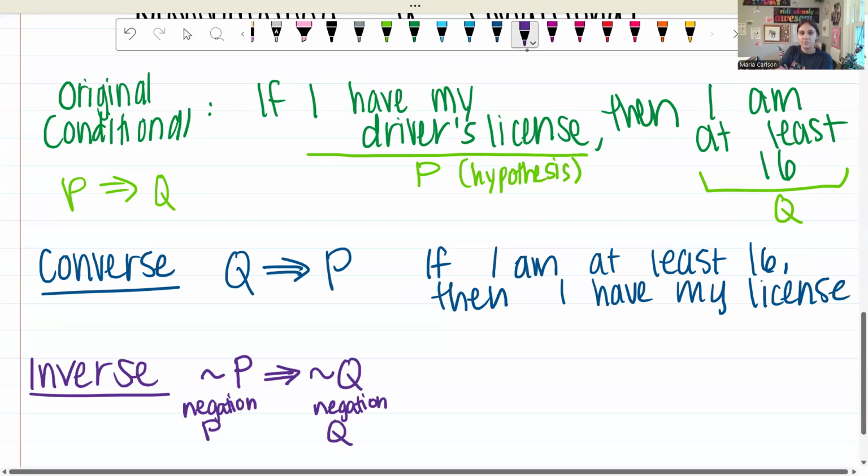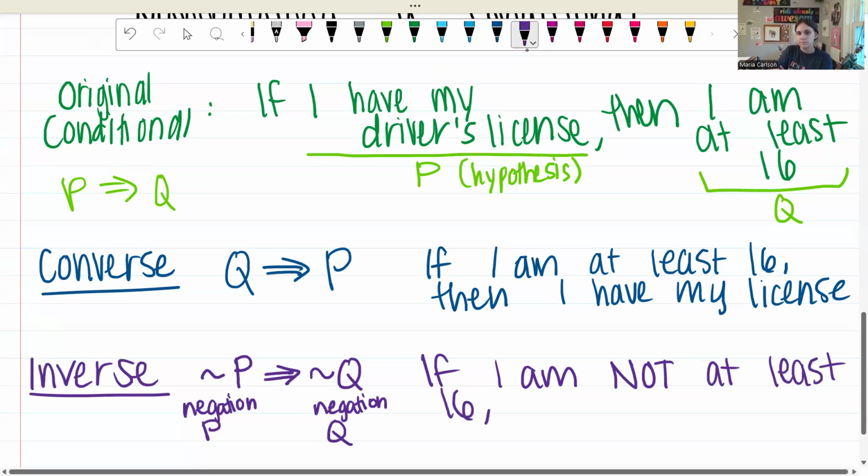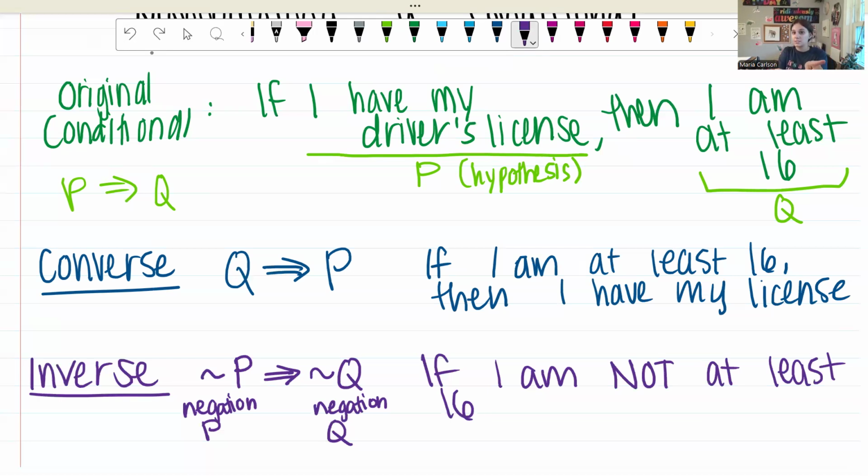So I'm going to find the negation of these. If I am not at least 16, oops, I did it backwards. I was looking at the converse. I was looking at Q implies P. I need to do P implies Q. So I'm going to start with P first, but find the negation of it because we're finding the inverse now. And P is if I have my driver's license.